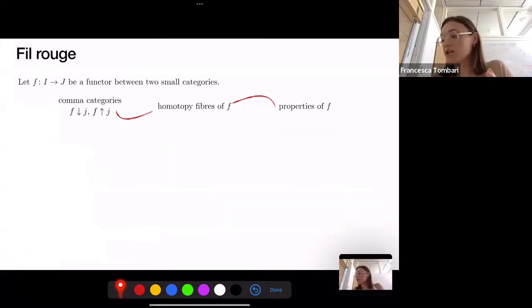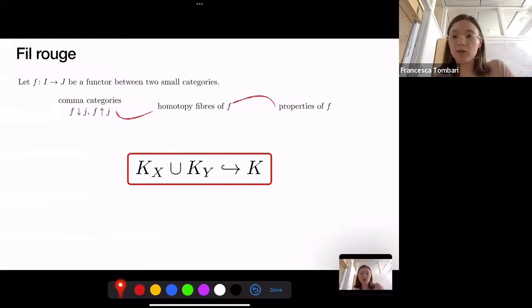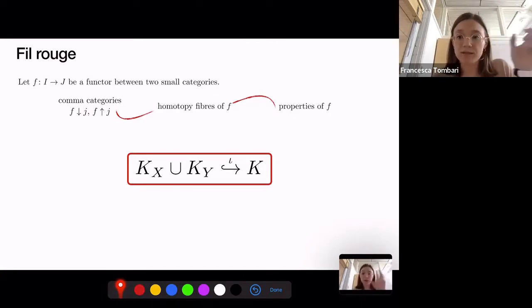But this was all very general. Remember that actually we want to study this map, not a generic functor between small categories. This is just an inclusion map of simplicial complexes. They can indeed be seen as categories, as poset categories, with objects being their simplices and morphisms being their inclusions of simplices.